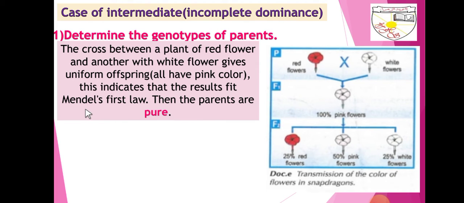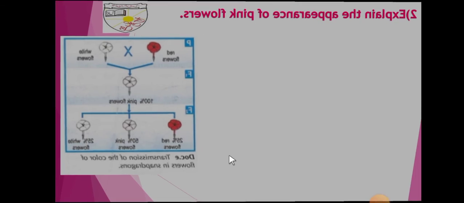Mendel is a scientist who said in his first law that when the result in the F1 generation is 100% of one phenotype, then the parents must be pure, must be homozygous.